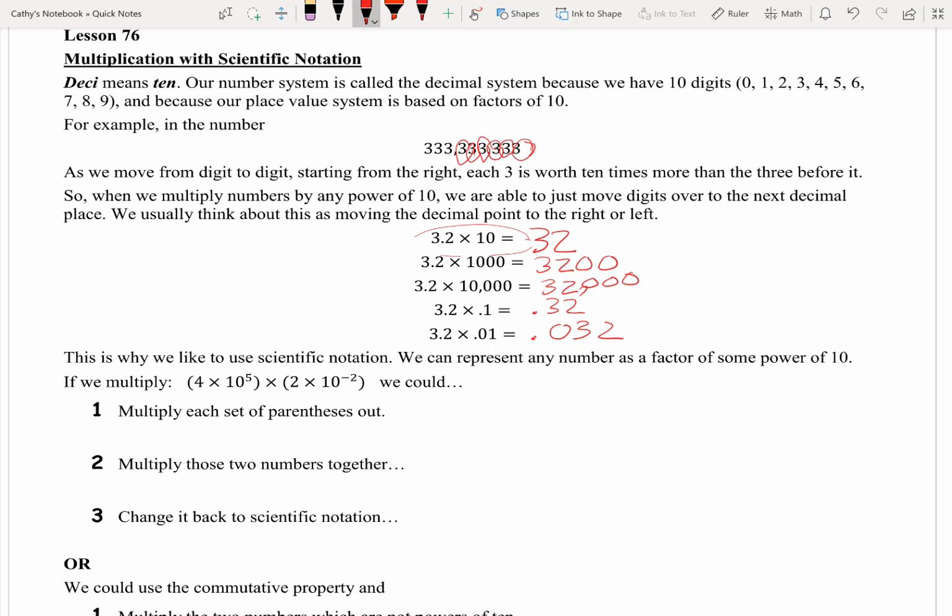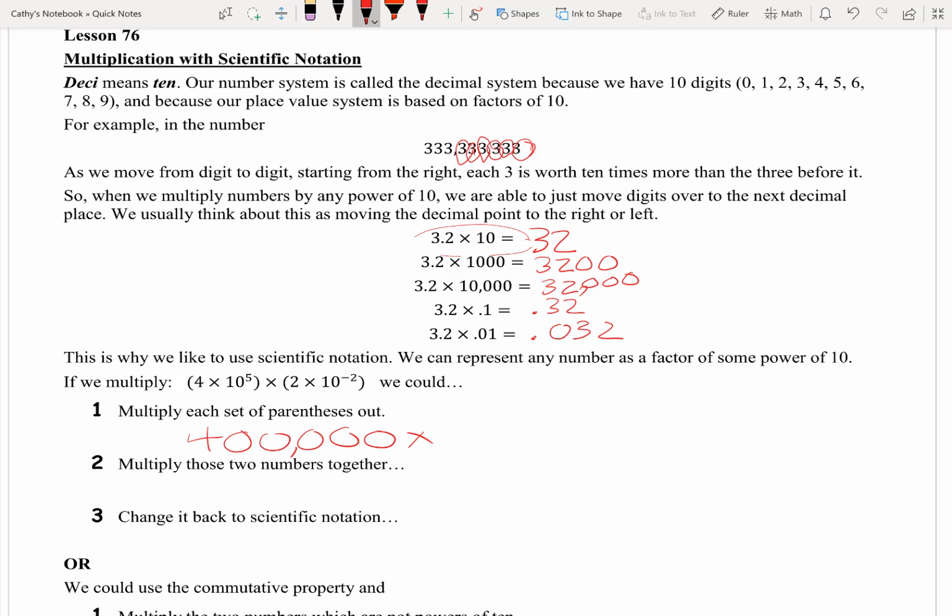Okay, so if I want to multiply some numbers in scientific notation, here's one way I could do it. This is not really the way we're going to do it. I could look at this problem, 4 times 10 to the 5th times 2 times 10 to the negative 2, and I could multiply out each parentheses. So 4 times 10 to the 5th would be a 4 with 5 zeros, which is 400,000.